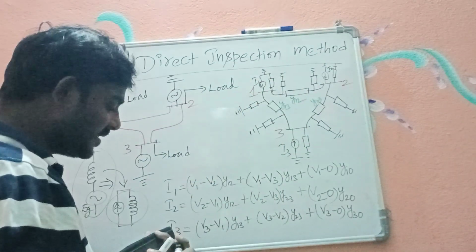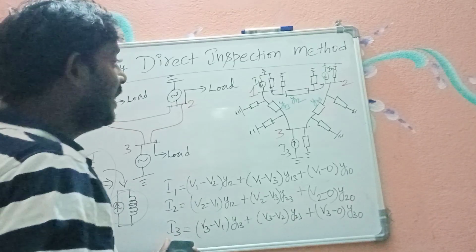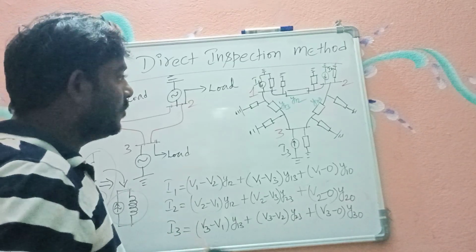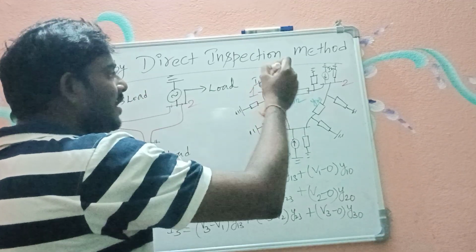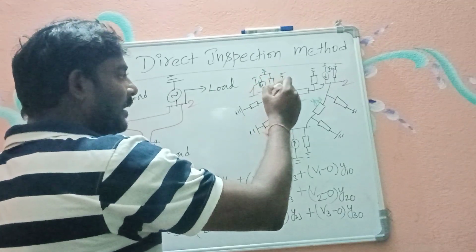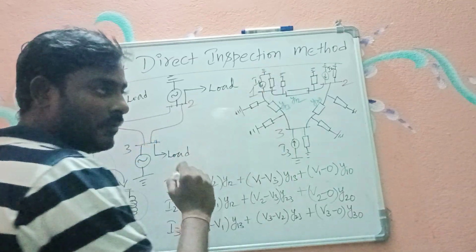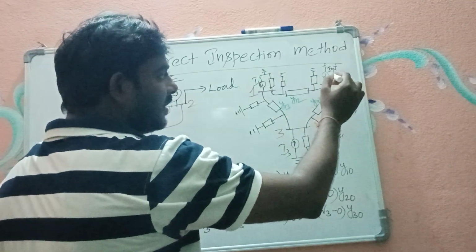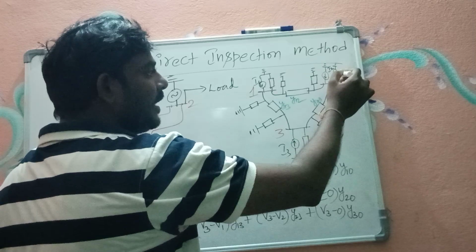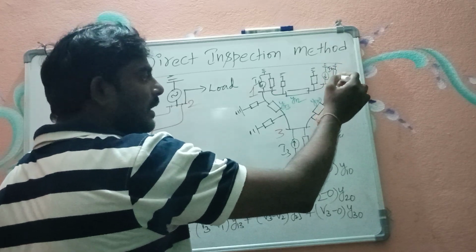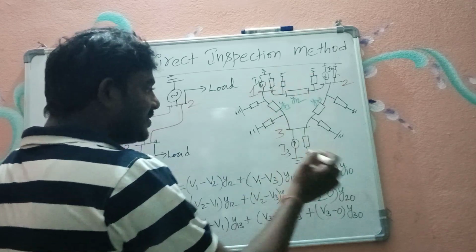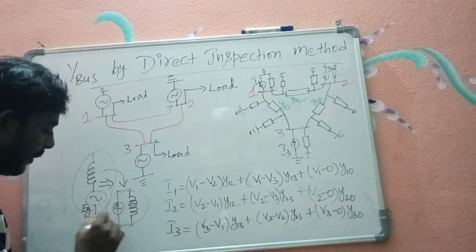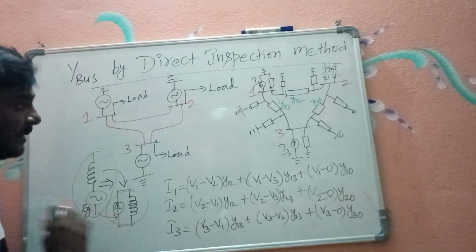And if you see this diagram, at each and every bus we have the current source as well as the admittance connected in parallel between the bus and ground. Similarly, for the second bus also you have a current source I2 and an admittance connected in parallel between the bus and ground. If you see all these, you can understand how we applied the source transformation technique.